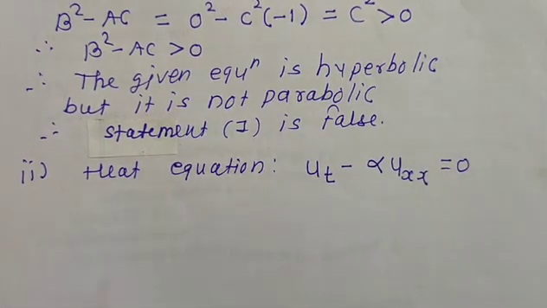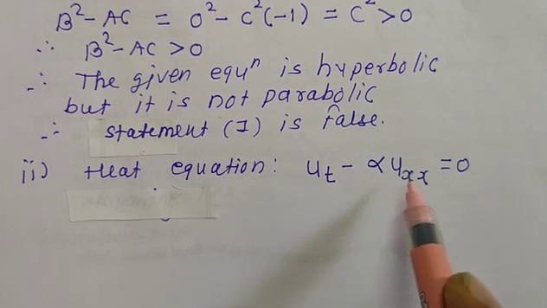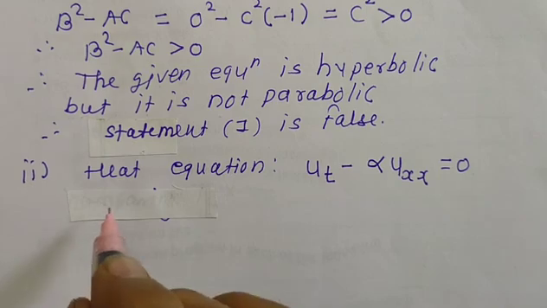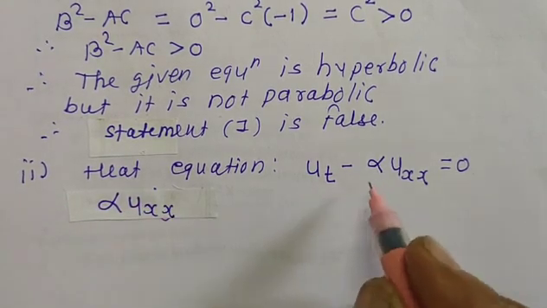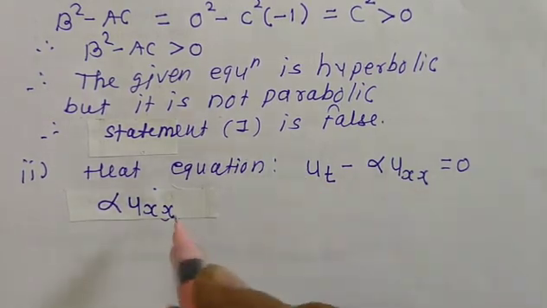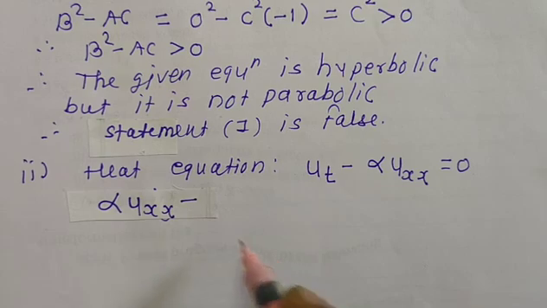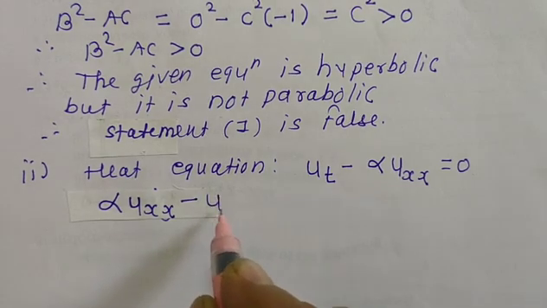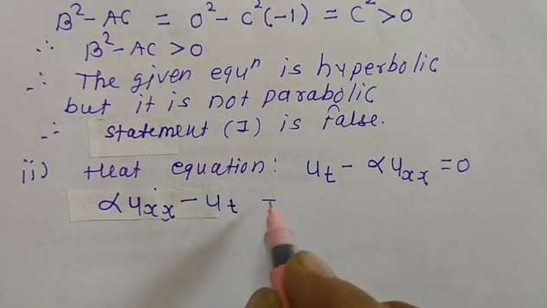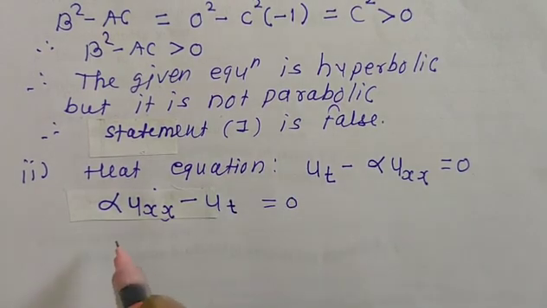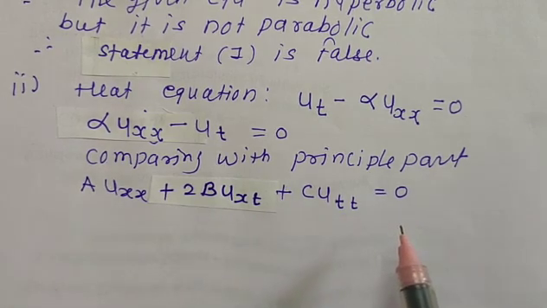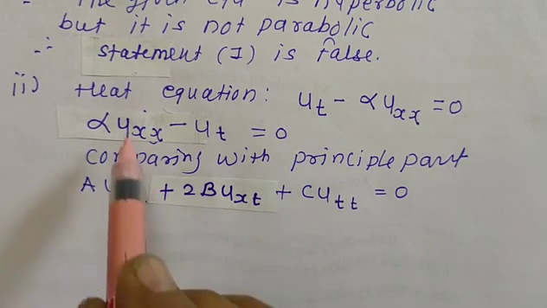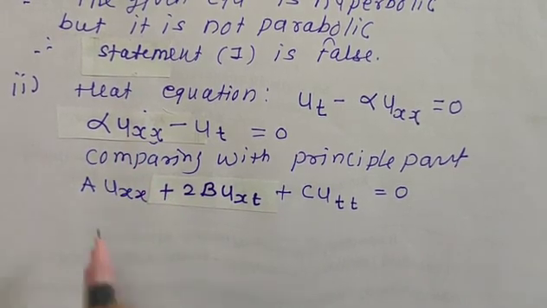This is heat equation. So this equation we can write taking this alpha uxx this side and this also to right side, it will become ut minus alpha uxx is equal to 0.